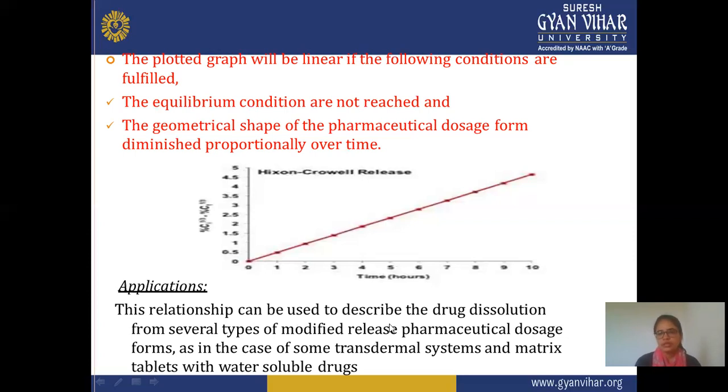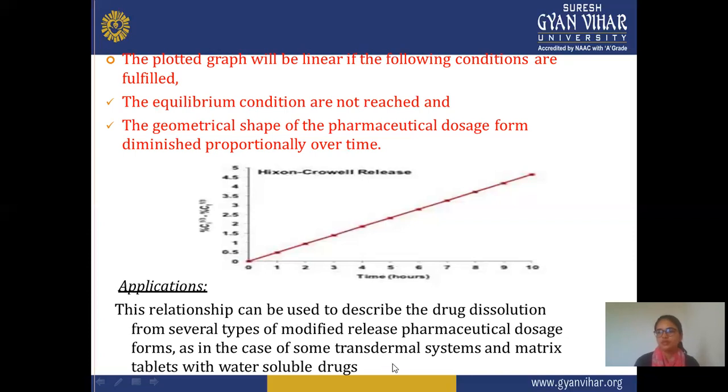You can study some transdermal systems as well as matrix tablets with water soluble drug in this type of formulation. With the help of the Hixson-Crowell model, you can study transdermal formulations or matrix tablets, not only limited to one type of tablet.